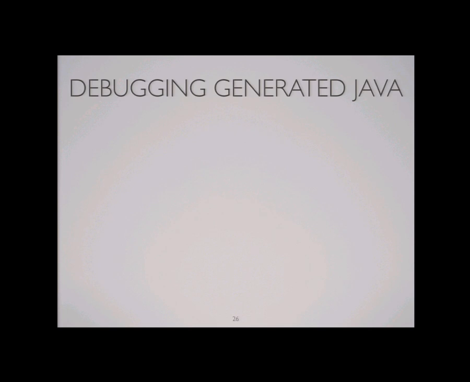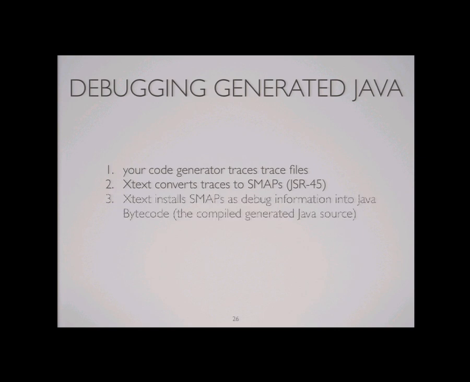Right, but let's go a little deeper on how that works for Java, actually, conceptually. I mean, first you need to create the trace files, or the generator needs to create the trace files. Xtext can convert those trace files into these SMAP blocks, I mean, a piece of text as well.